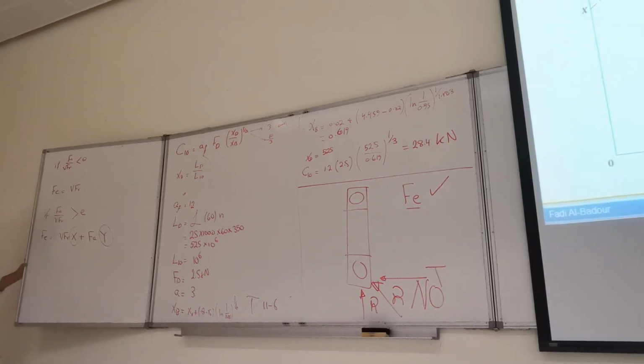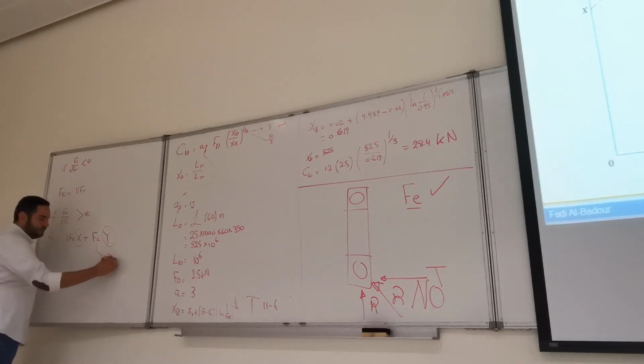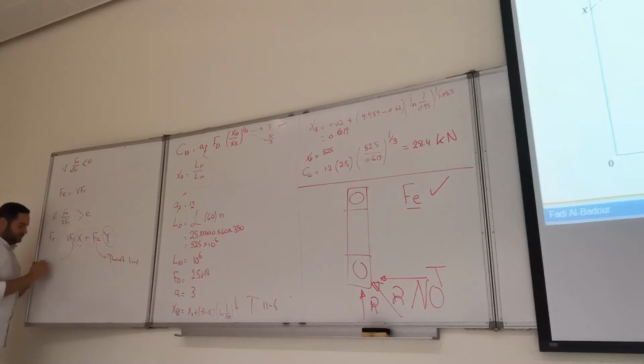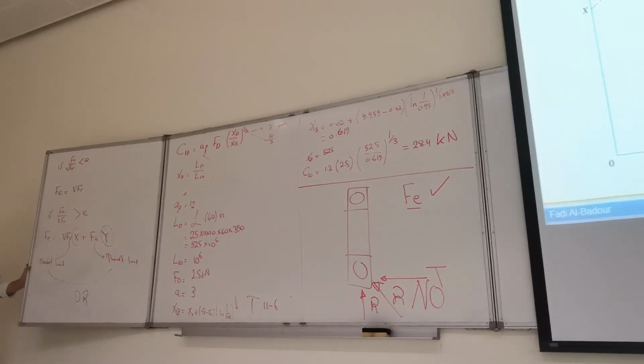FA is the thrust load, and this is the radial load. Again, those two are design requirements, remember, based on the design: loads on the shaft, etc.